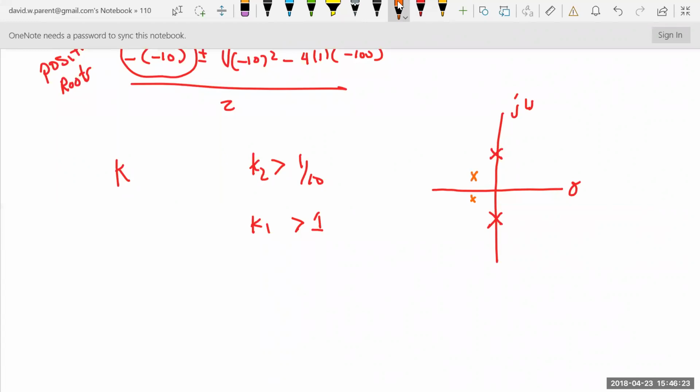But what if this is really minus 0.001, meaning I'm really zoomed in? It'll be underdamped, so it'll oscillate a lot. But if there's variances in my Ks, I might actually go unstable. To really make it stable, you probably have to bring it out more.